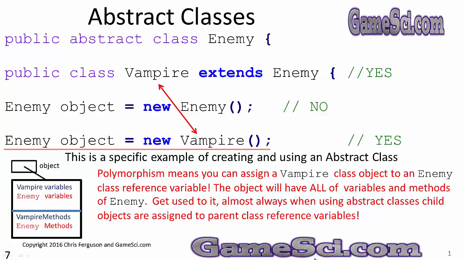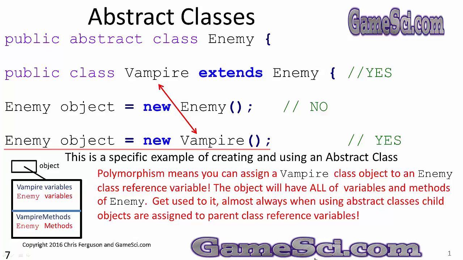Polymorphism means you can assign a Vampire class object to an Enemy class reference variable. The object will have all the variables and methods of Enemy. Get used to it. Almost always, when using abstract classes, child objects are assigned to parent class reference variables. It's what we do with abstract classes.